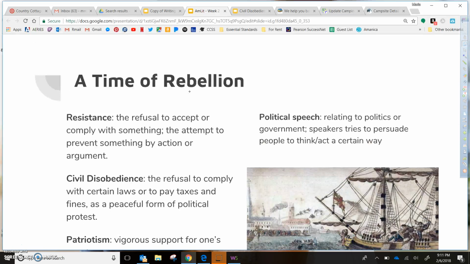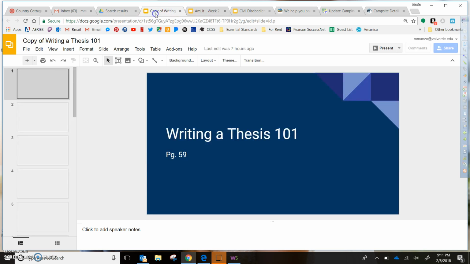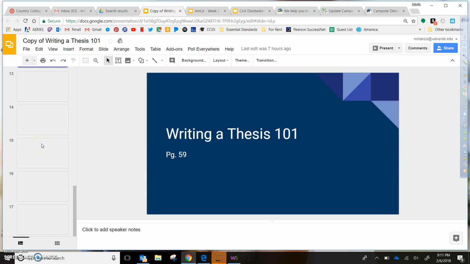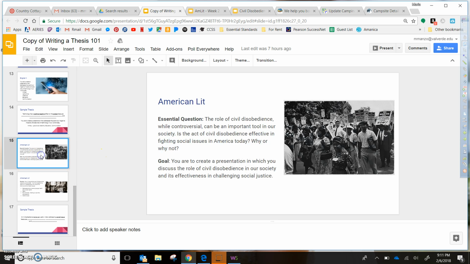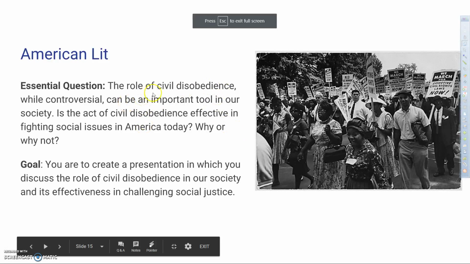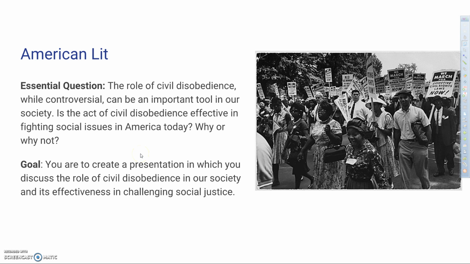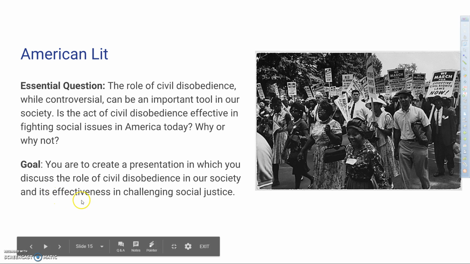All right, so now that you have that, we're going to go back to talking about your performance task and what you have to do exactly. Your goal is to create a presentation in which you would discuss the role of civil disobedience in our society and whether it's effective in challenging social justice.